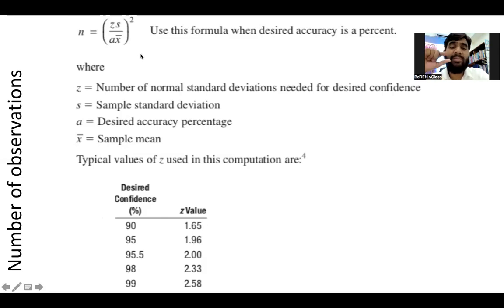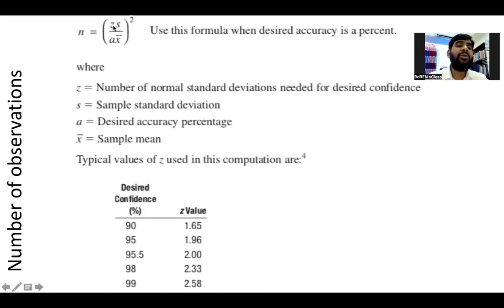For example, first time you observe, it takes 5 minutes. Second time, 3 minutes. Third time, 6 minutes. Fourth time, 5 minutes. So these are the observations. How many times you will check is known as N.